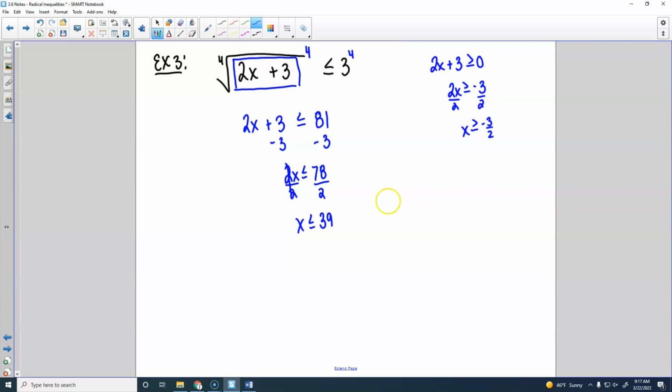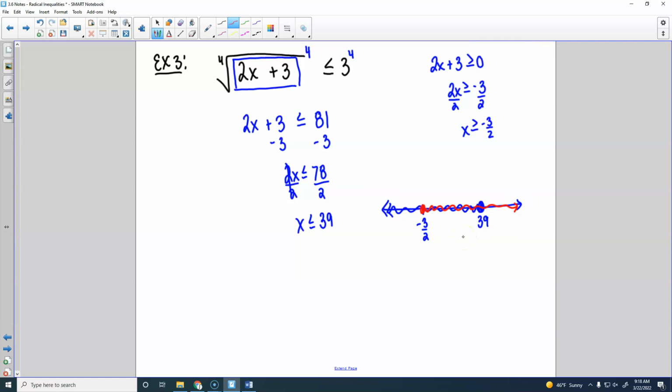So whenever we think about our answer, x is less than or equal to 39, but our domain says that x has to be greater than or equal to negative 3 halves.